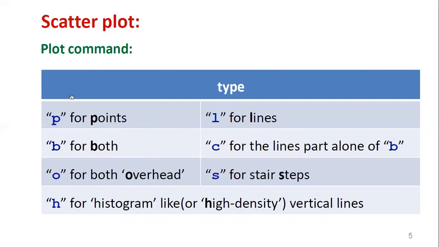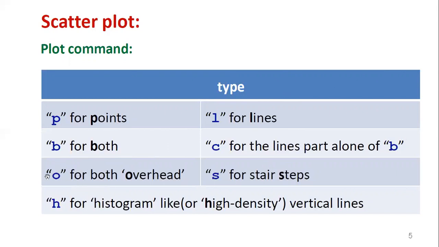If you use p, it shows points on the graph. If you use l, it shows lines in the graph. If you use b, both points and lines are shown. If you use c, it shows the lines part alone of b.